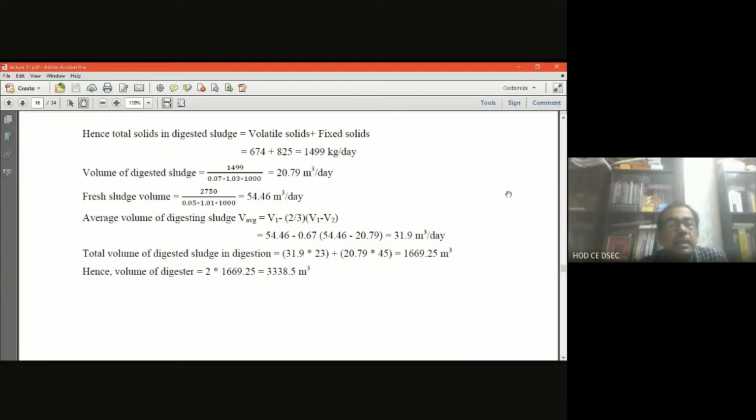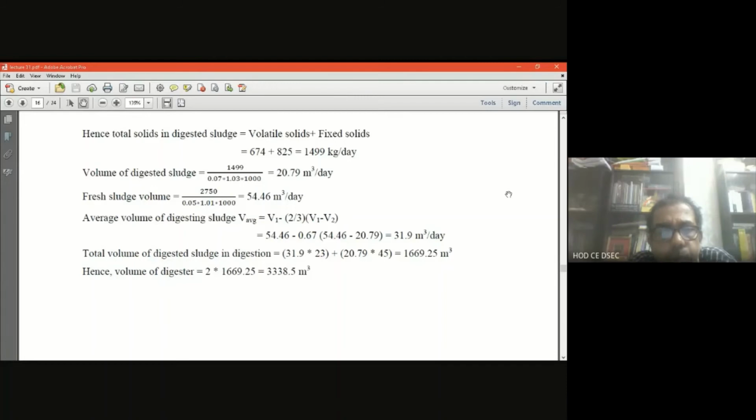And then the volume of digested sludge will be multiplied with 45 days to calculate the total volume of the digested sludge in the digestion, which is 1669.25 meter cube. Now if 1669.25 meter cube is the volume of the sludge, then we have seen this covers 50% of the digester. The balance 50% is occupied with the supernatant water, the gas, etc.